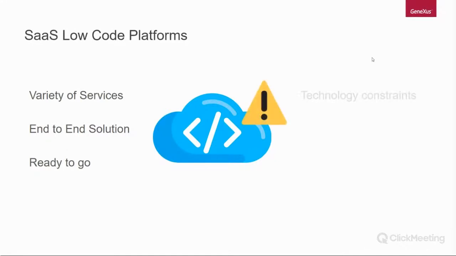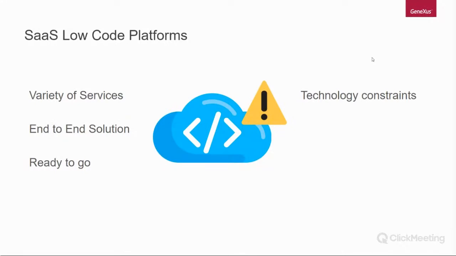What are those downsides? Most of the time those SaaS, software as a service, low-code platforms come with severe technology constraints. By severe technology constraints, I mean that, for example, you may have access to a software as a service platform, but that platform will only allow you to create code in certain technology.